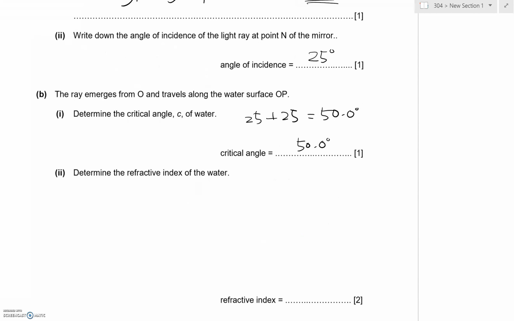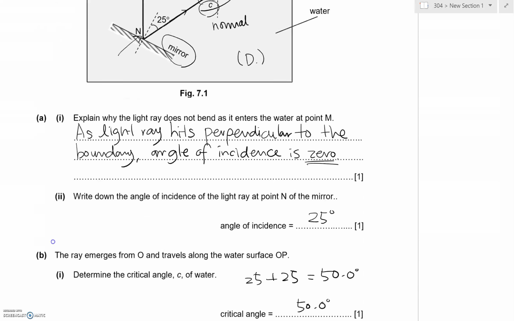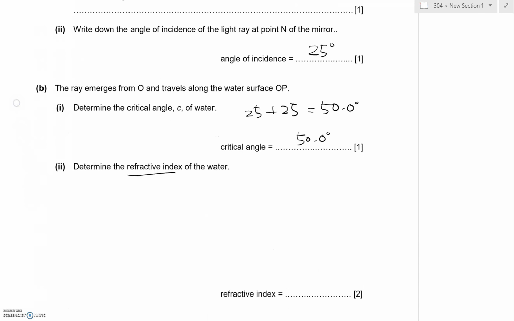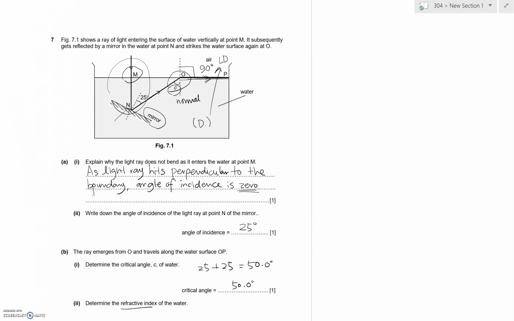Next we are going to determine the refractive index of the water. Now how is the light ray traveling? From denser to less dense or less dense to denser? Less dense to denser was the earlier part, that's over already. So now we move on. The light ray is actually traveling from denser to less dense.